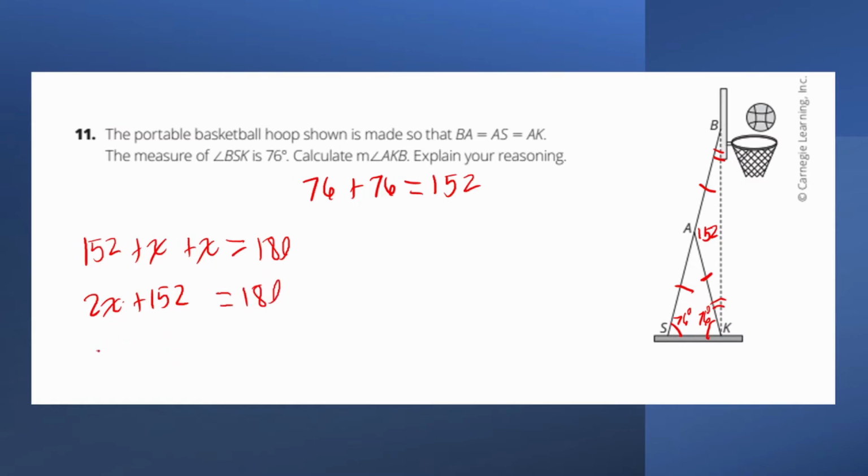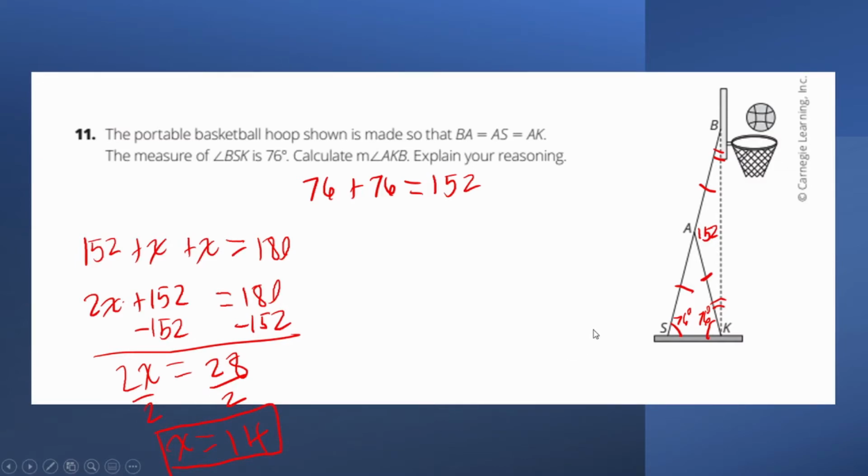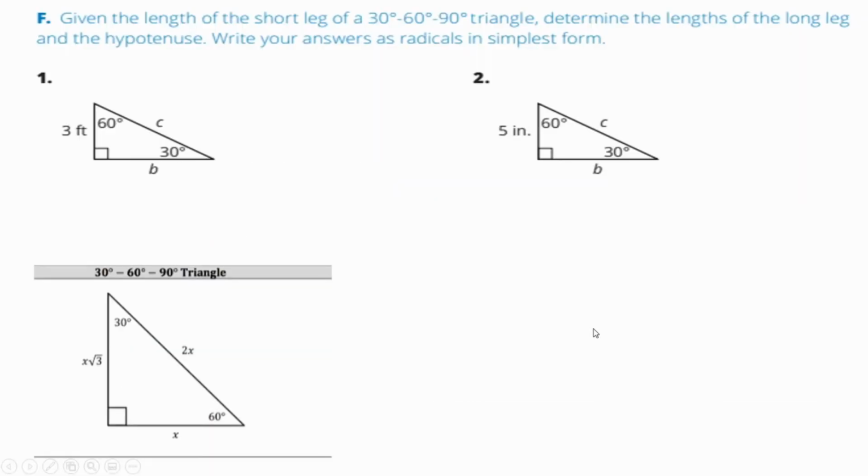And then we'll subtract 152 on both sides. And we get 2x equals 28. Divide by 2 on both sides. And we get x is equal to 14. And there's your answer. Boom. Nice and easy. Next up.